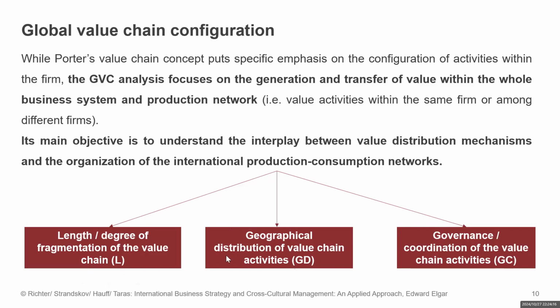And then the geographical distribution. It basically means how widely your activities are separated or dispersed within the value chain. For instance, instead of handling everything locally in Denmark, a company might source bread from France, process ingredients in the Netherlands, assemble the final products in Germany, and manage the packaging and distribution from Denmark.